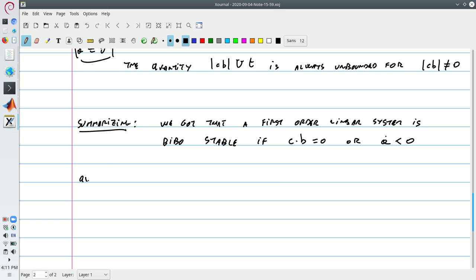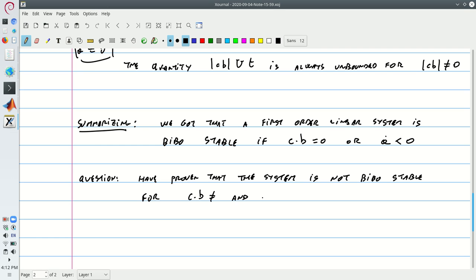Question: have we proven that the system is not BIBO stable for C times B different from 0 and A greater or equal than 0?